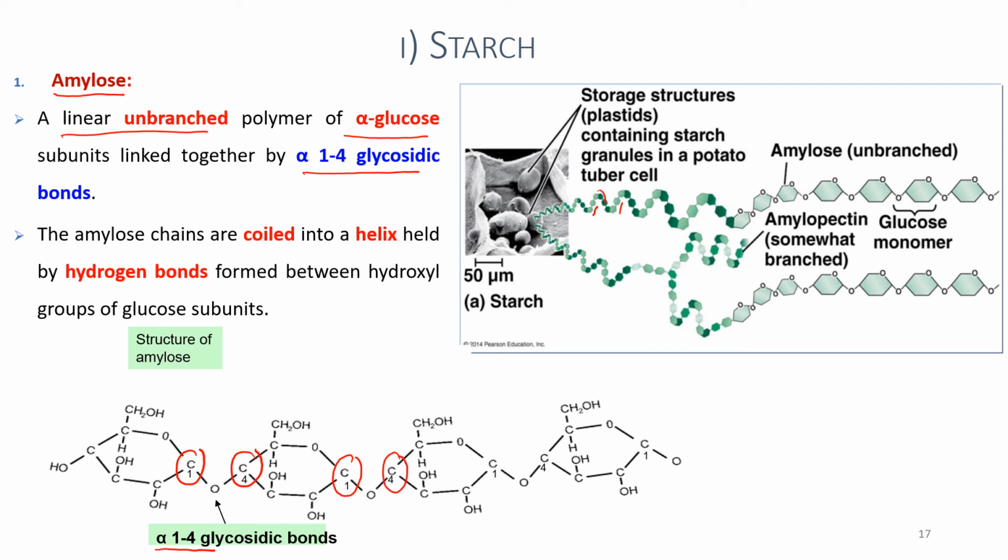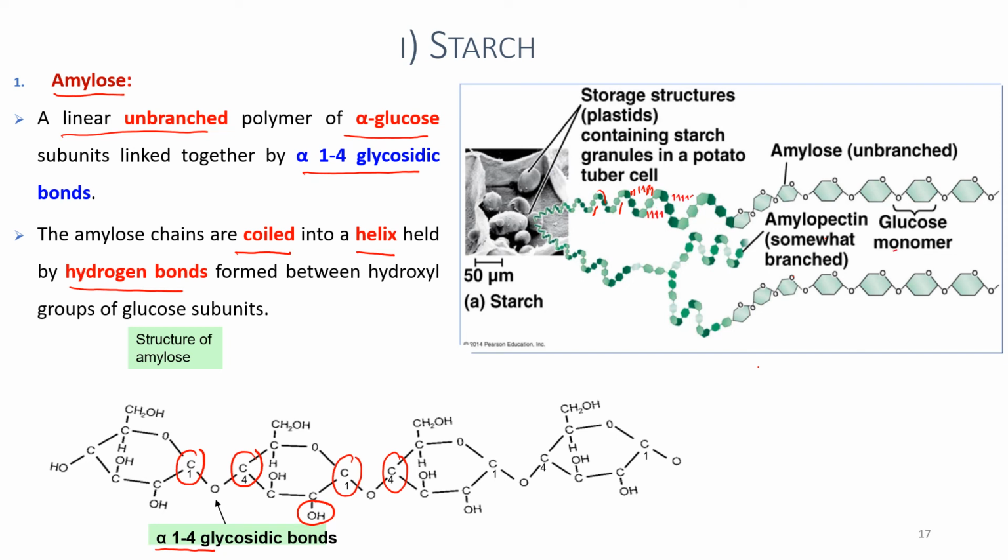And the amylose chain, although it is unbranched, is coiled into a helical structure. This helical structure of the amylose is held together by hydrogen bonds between the hydroxyl groups of the glucose subunits. The glucose molecules have hydroxyl groups, and a hydroxyl group will form a hydrogen bond with the hydroxyl group of another glucose molecule to hold the helical structure.